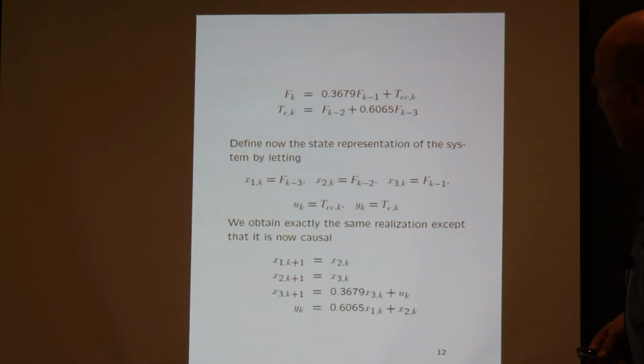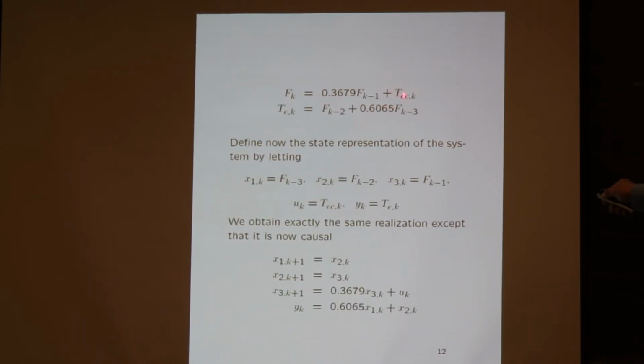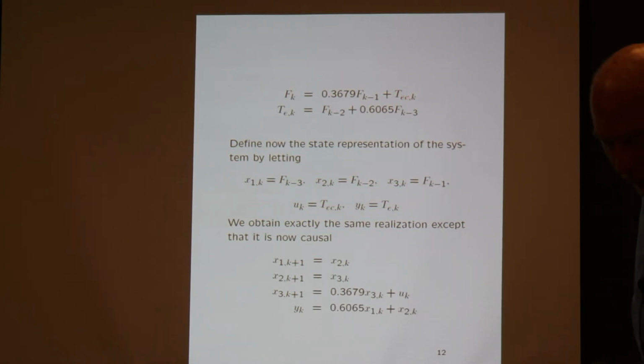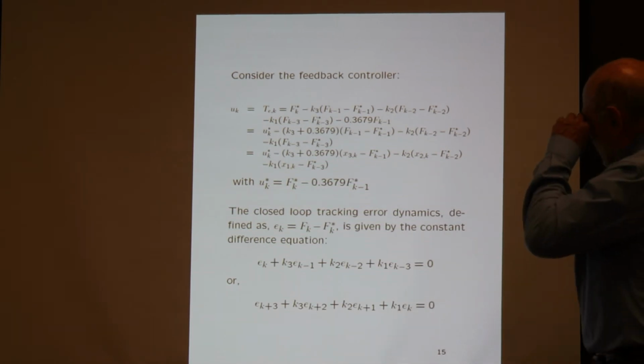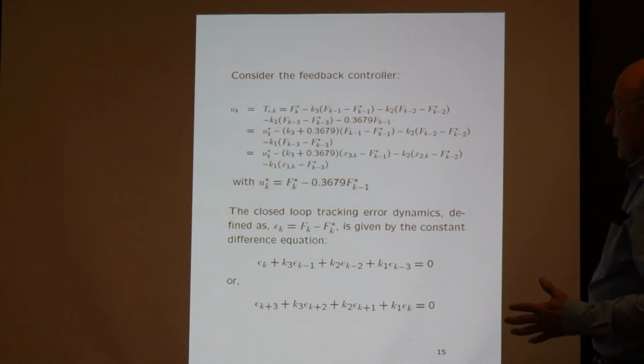So since this is the dynamics, this is what we want to control. So specify the control input so that f satisfies certain dynamics. And the dynamics of f, of course, is going to be a stable dynamics for the tracking error.